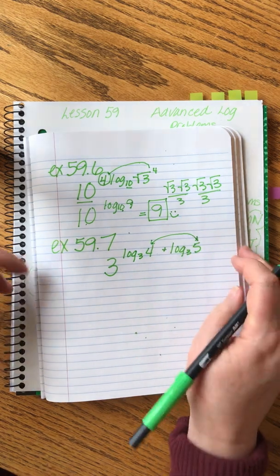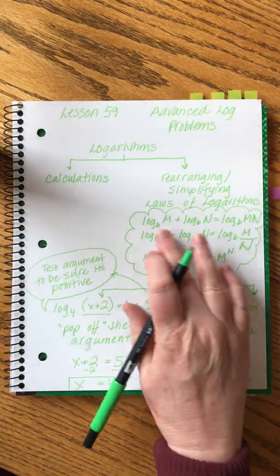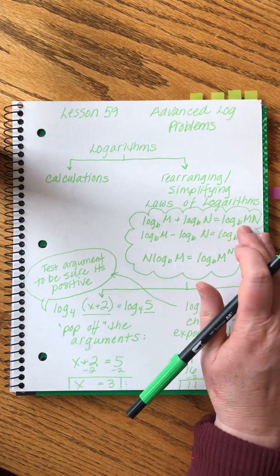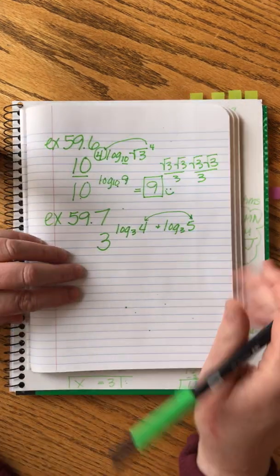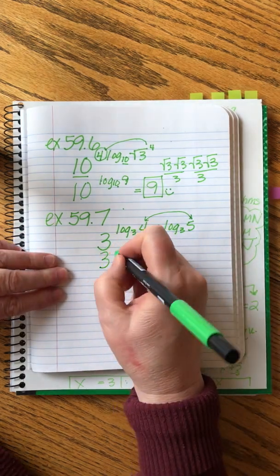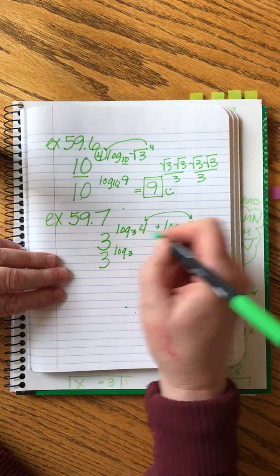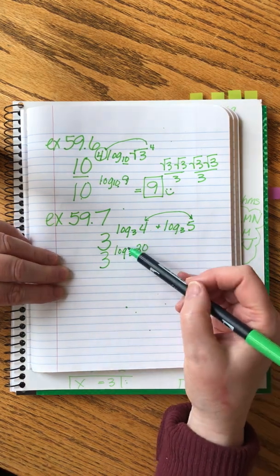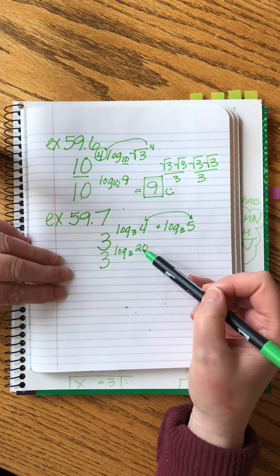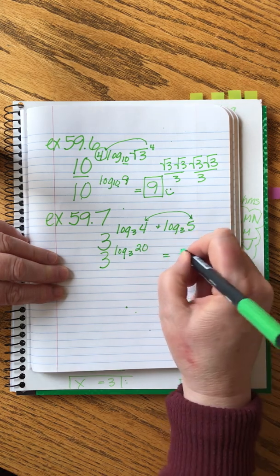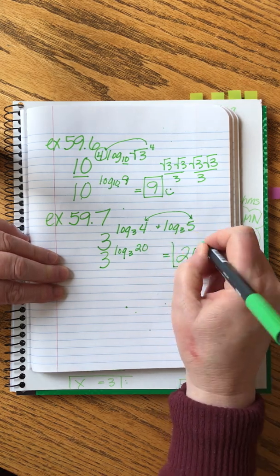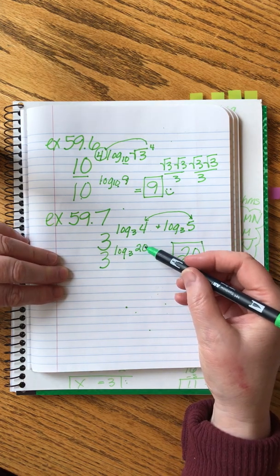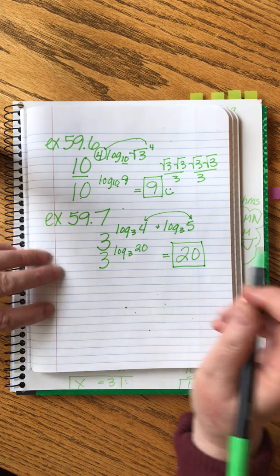I'll just show you. It's right here. If we're adding matching bases, we multiply the arguments together. So this will become 3 log 3, 20. So we're taking 3 and we're raising it to the power that 3 must be raised to in order to get 20. So our answer is 20. We don't know what that exponent is, but we know that the answer is 20. So yeah, 20.